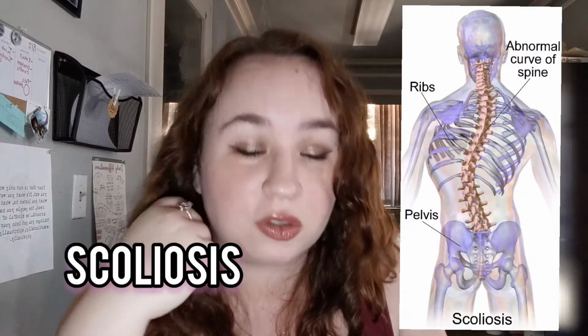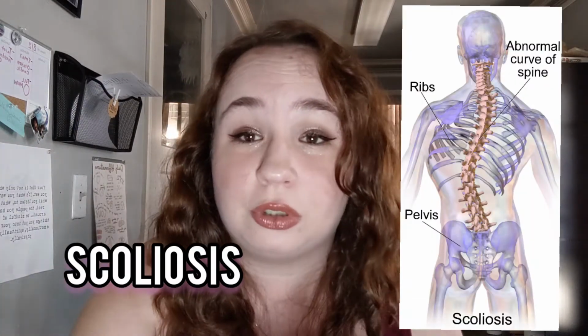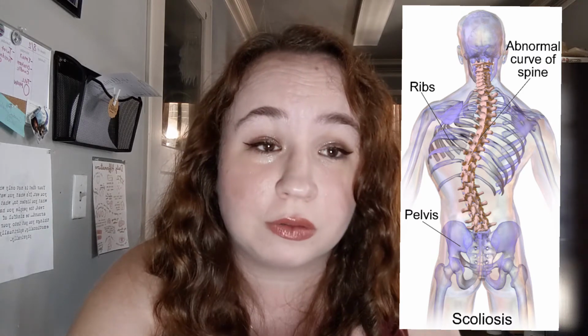And then, of course, there's the most commonly known one that everybody gets tested for in middle school, because that's the common age where it's caught and the common age that it's treated. Okay, so that's scoliosis, right? Scoliosis is a lateral curve, or sideways curve, that can either be S-shaped or C-shaped.